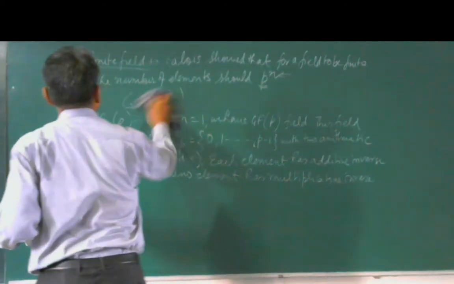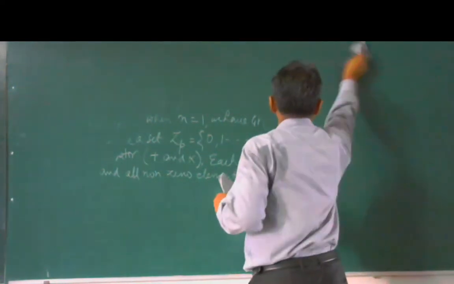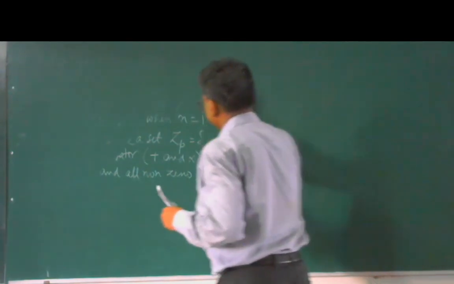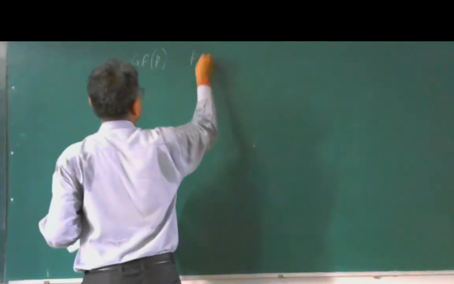So let us take an example. Suppose we are talking about GF(p), and suppose p is equal to 2, because 2 is a prime number.